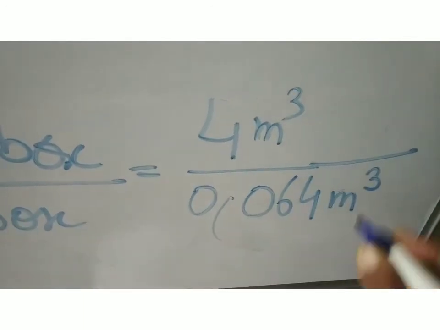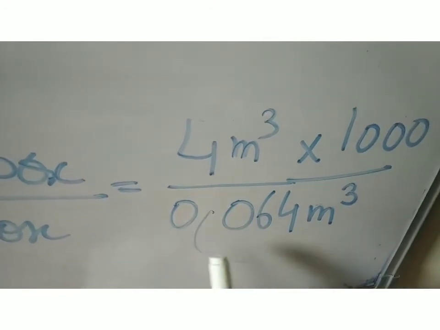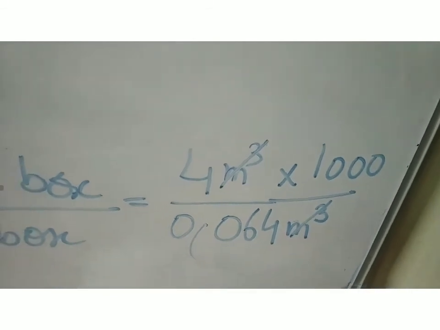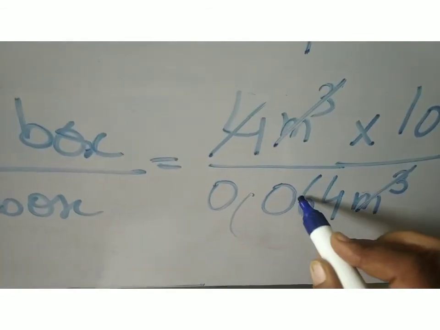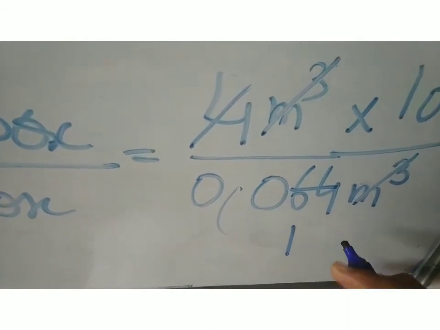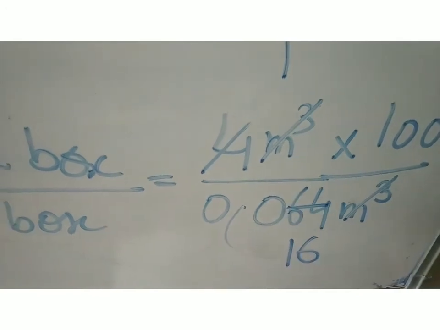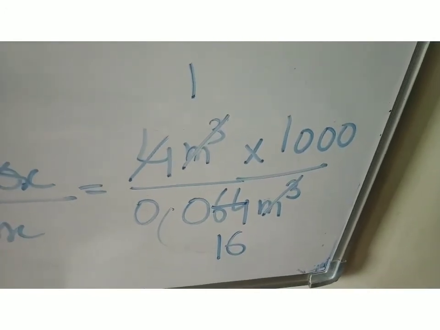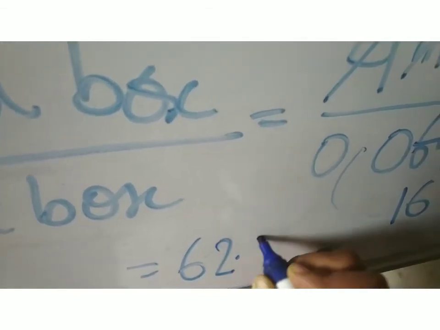I will remove this decimal, so here I can write 1000 because after the decimal 3 numbers are there. I can cut meter by meter. I can cut 64 by 4, so 16 4s are 64. Now I got 1000 divided by 16. When I divide it, I get the answer 62.5.